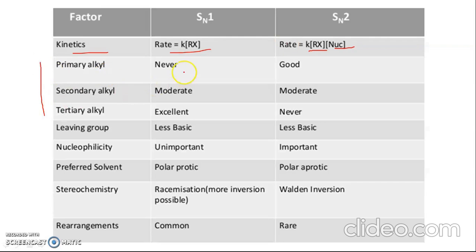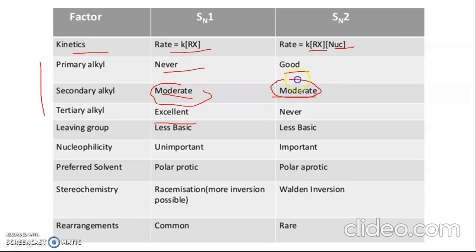For primary, we hardly observe SN1, but it is good for SN2. Secondary alkyl halide is moderate for both. Tertiary alkyl halide is good for SN1, but we hardly see any SN2 mechanism. Why is secondary moderate in both cases?